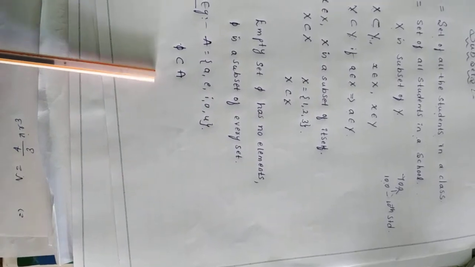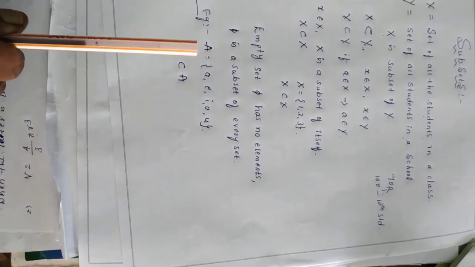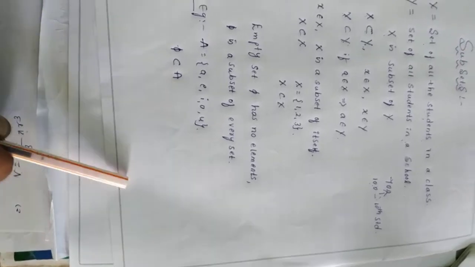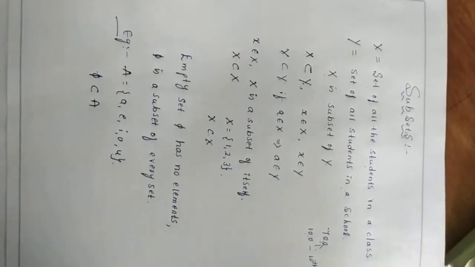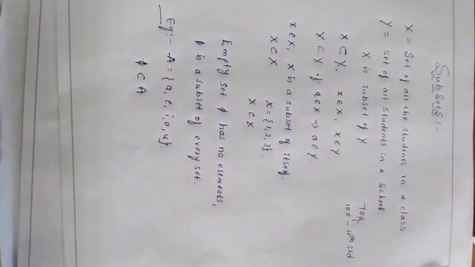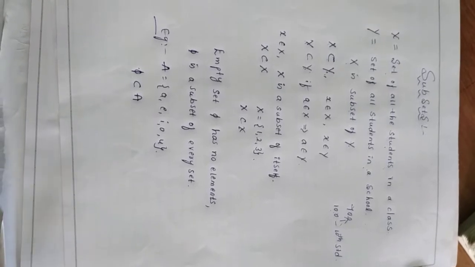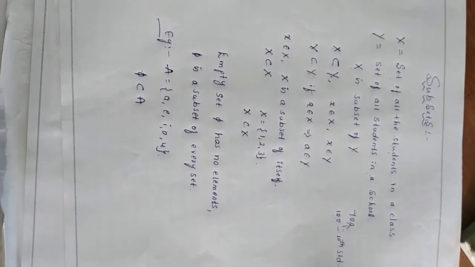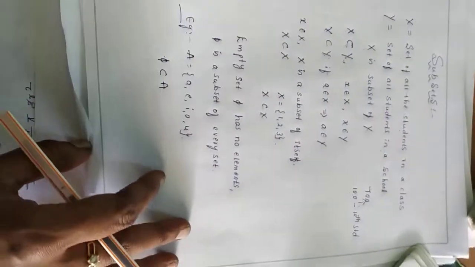You should remember that while writing the subsets of any set, you should start with phi. Is it clear? So the empty set is a subset of every set. Okay, hope you guys understood this. Here are a few more concepts. The set Q of rational numbers is a subset of the set R of real numbers. So we can write that.